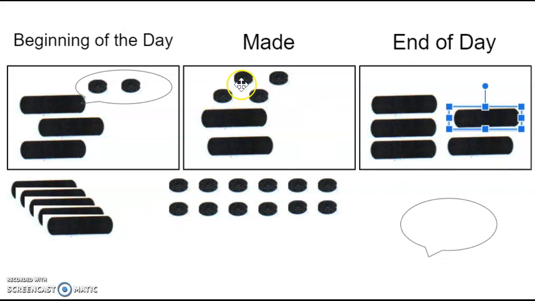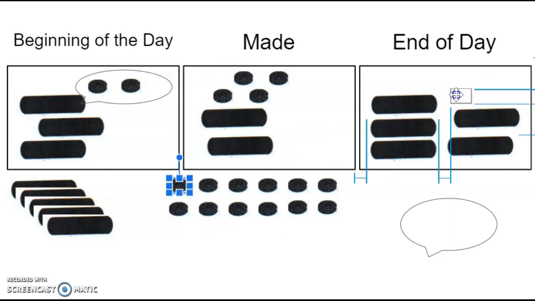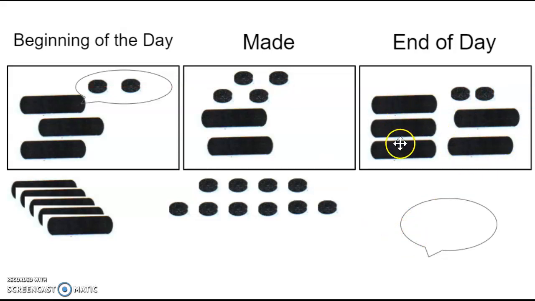Now, of these 4 candies, 2 of them had to go into this roll to fill it in. So they're gone, but that leaves 2 more pieces left over. So at the end of the day, altogether, they have 1, 2, 3, 4, 5 full rolls of candy with 2 extra pieces of candy left over that don't go into a roll yet.